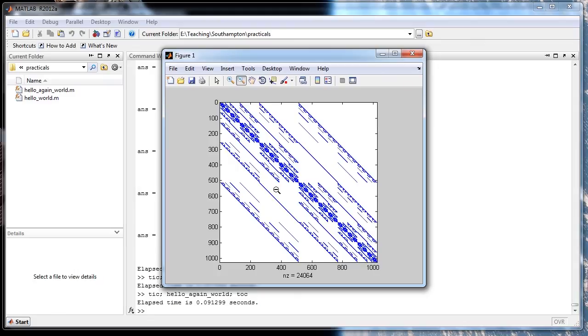So the advantage of having sparse matrix algebra is therefore quite great. And if you look at the number of non-zeros here, it's just 24,000 out of a million, so it's just 2%.